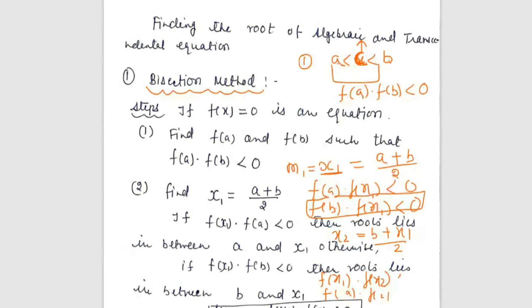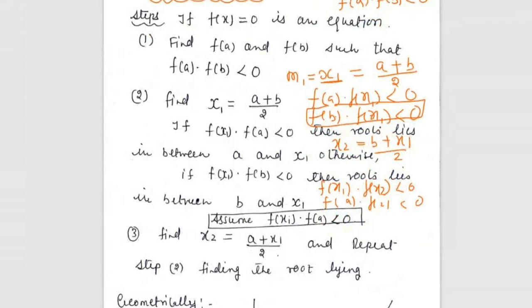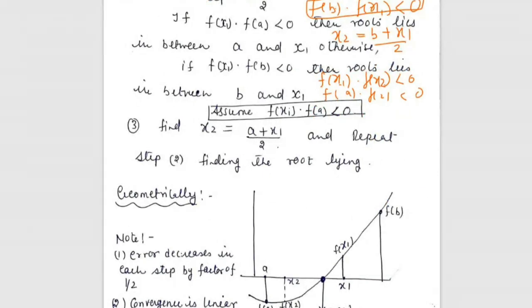If the root is between x1 and x2, the root will lie between x1 and x2. So in this way, you continue the process till you get the convergent solution. The convergent solution means two approximations are the same. So this approximation method, known as the bisection method, works to find the root of the equation.